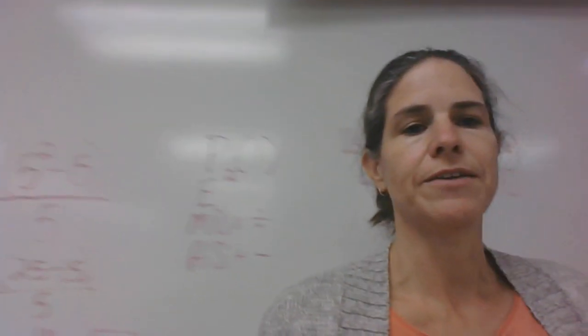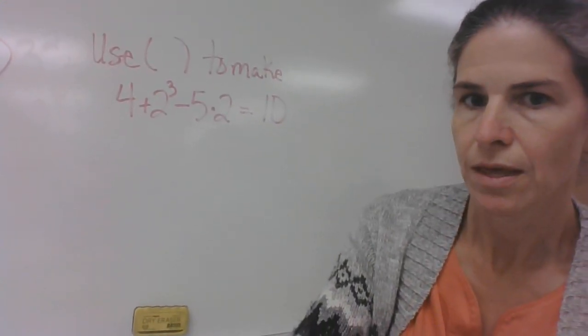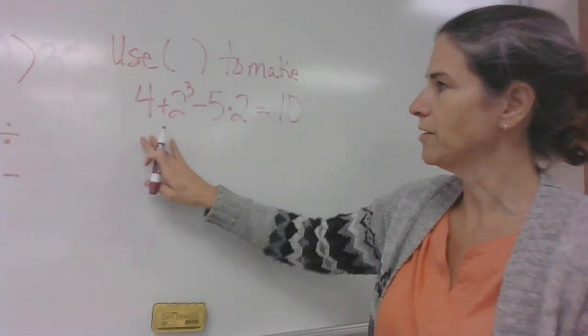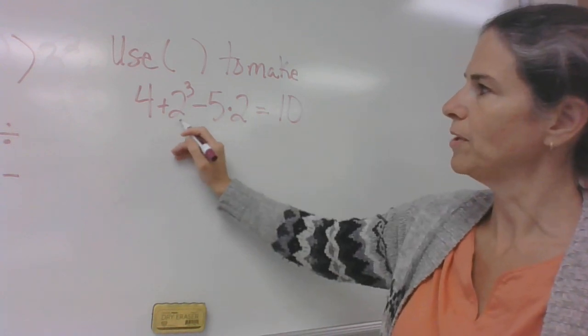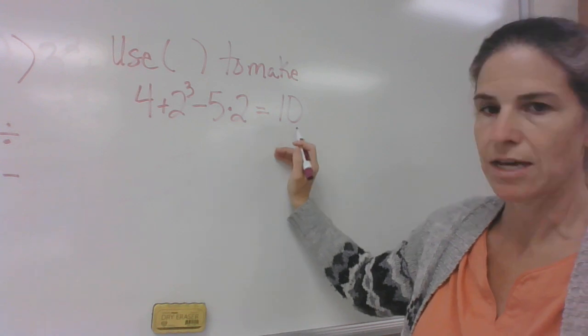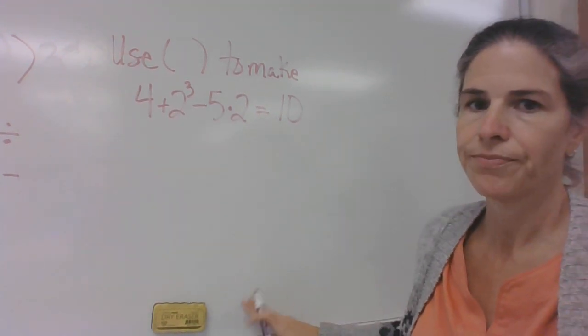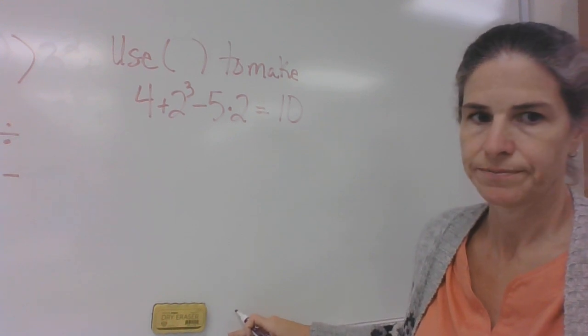My next one's a little bit different. I'm going to make you use your brain cells a little bit more on this one. Here's my expression. 4 plus 2 cubed minus 5 times 2 equals 10. If I was to solve this problem right now, it would not equal 10.